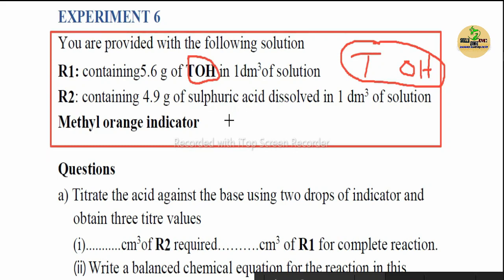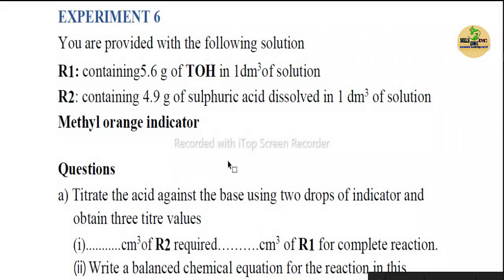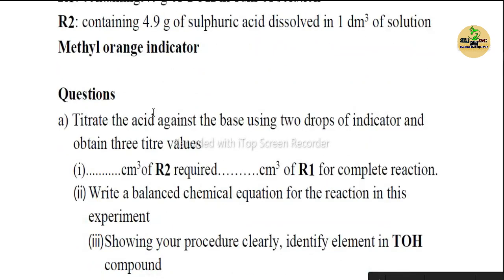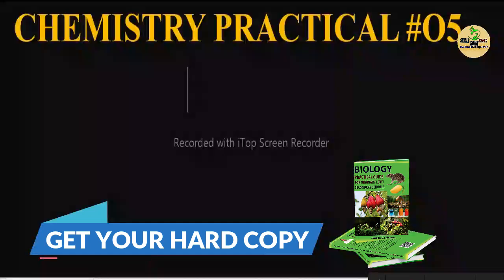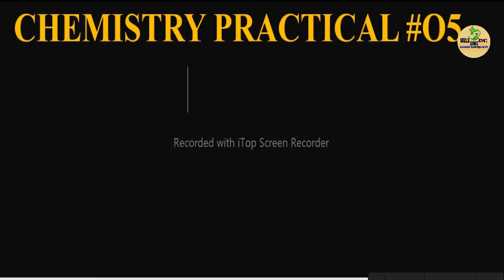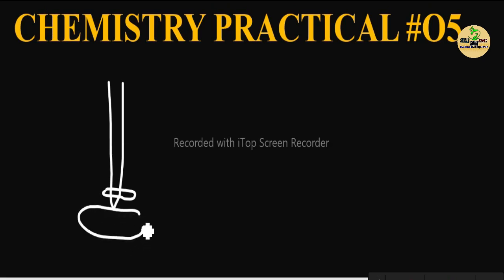Going directly to the way you should do this question, we have the question and the procedure. As usual, the solution of acid goes in the burette and the base is measured with the pipette, and we have a conical flask.